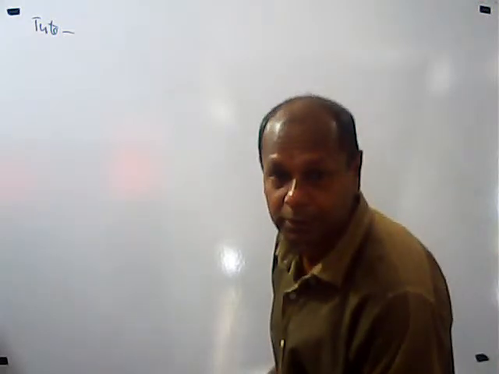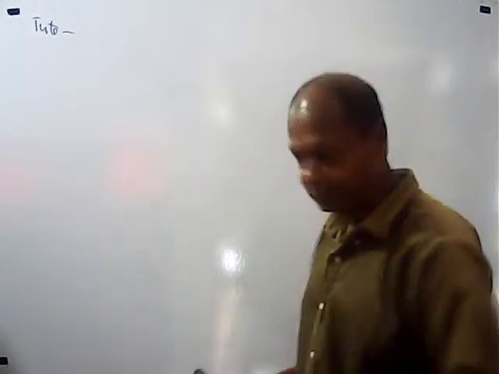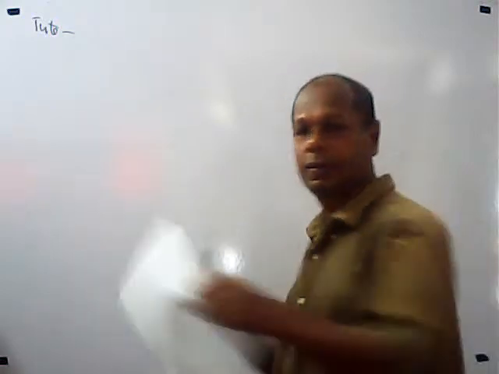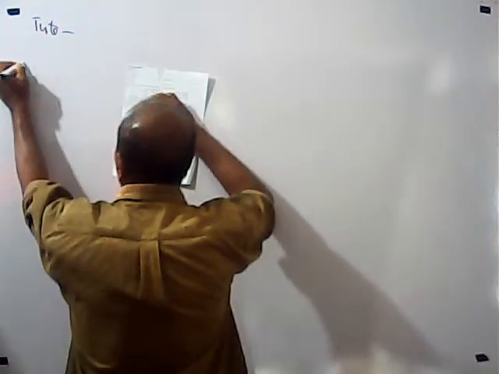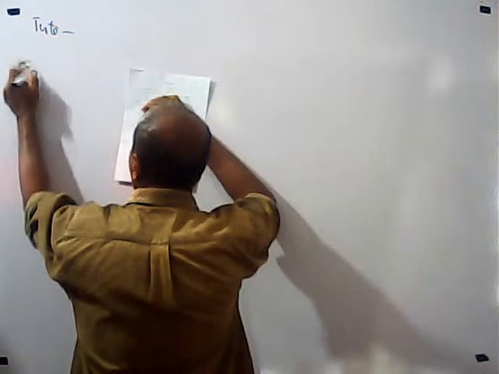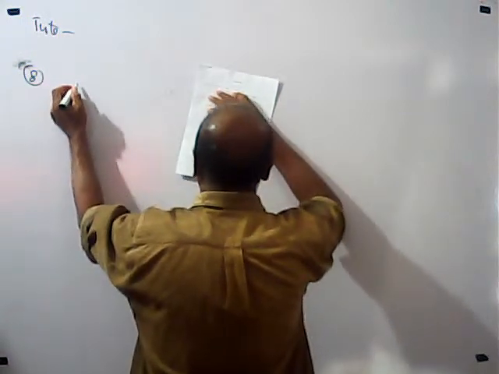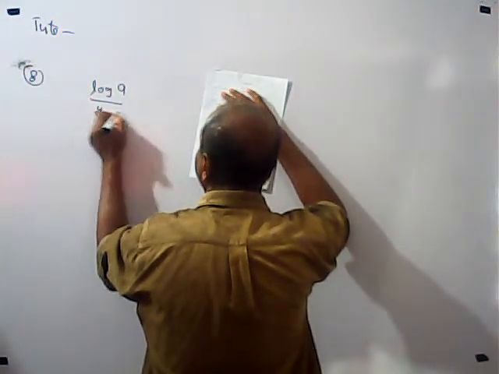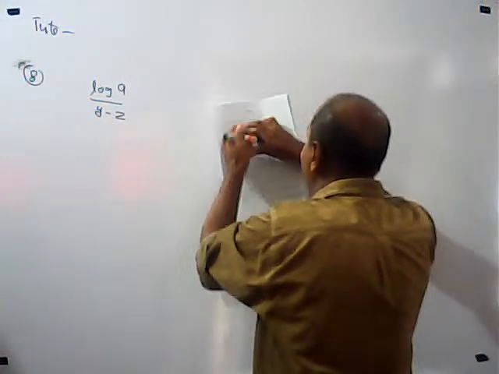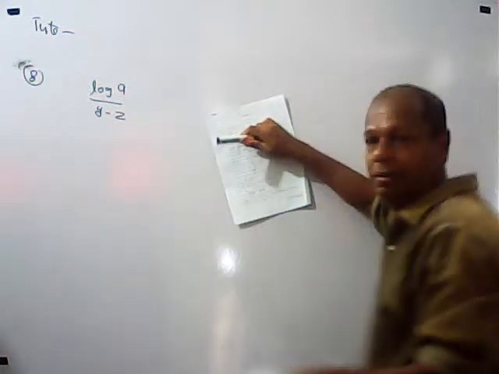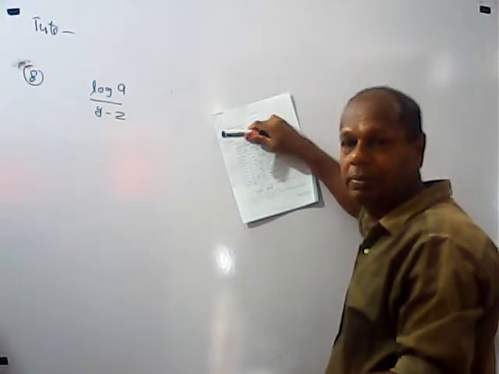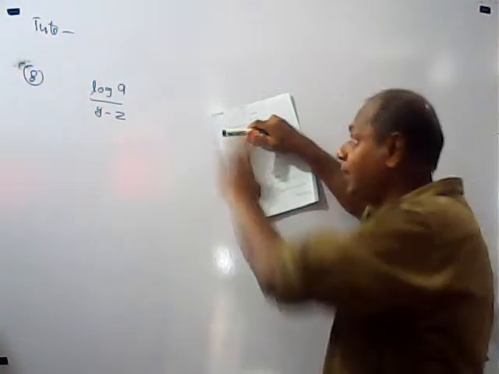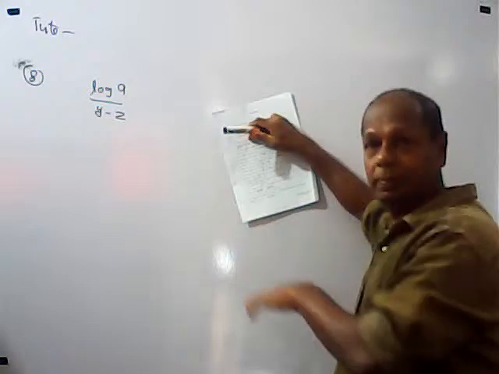Question number 8, rather, nobody could do that. You are given that log a over y minus z, it is just given log a without mentioning the base. The base is not mentioned, which means it can be anything, but it has to be the same for all the parts.